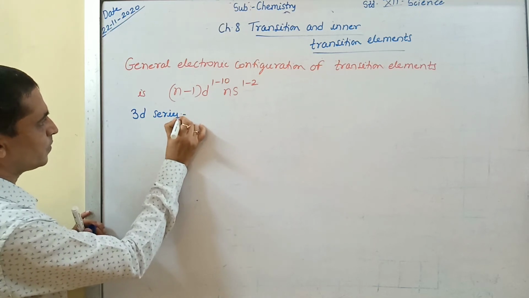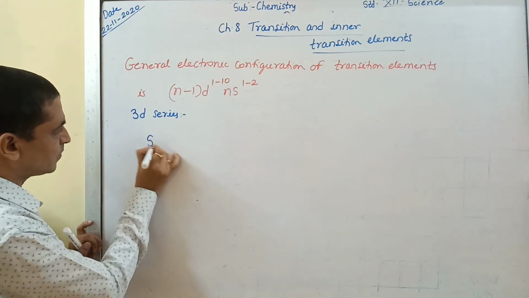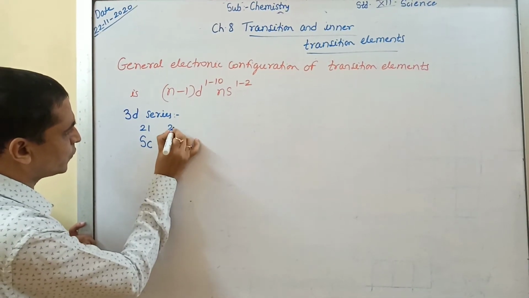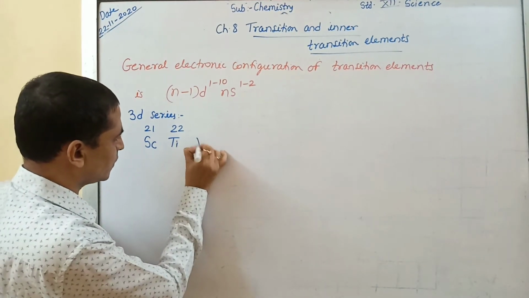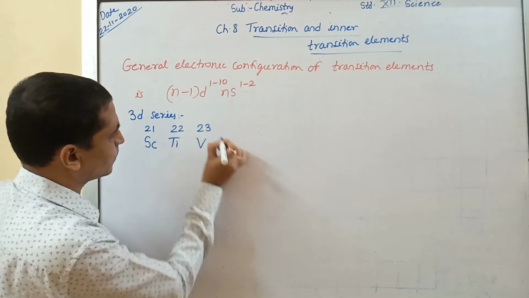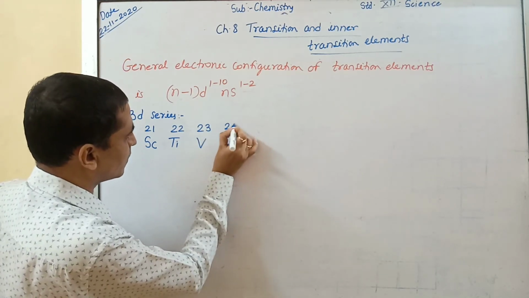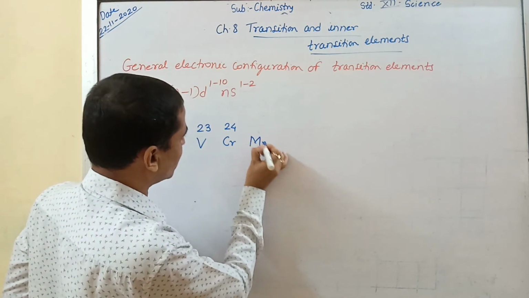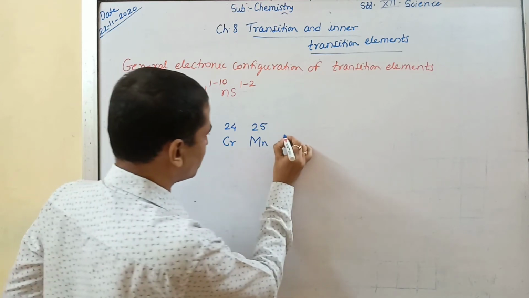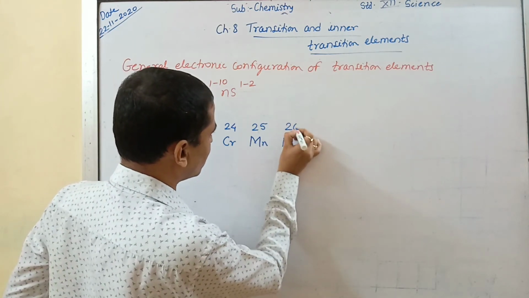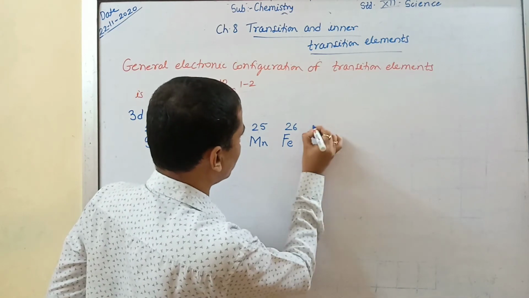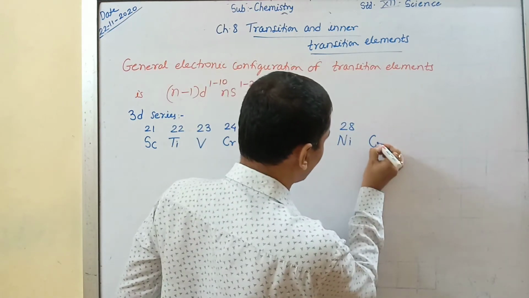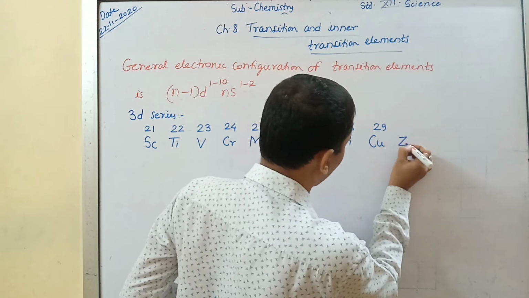The 3d series elements start from what? Scandium, atomic number 21, then titanium, vanadium, then chromium, then manganese, then iron, then cobalt, then nickel, then copper, and then the last one is what?